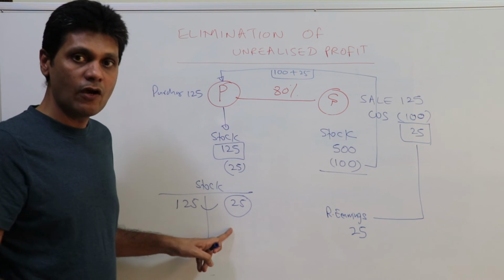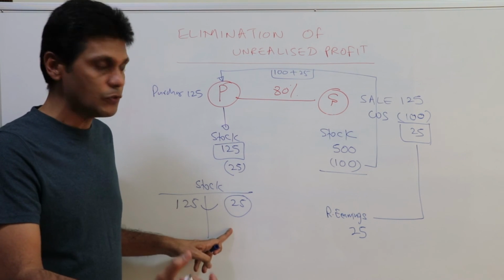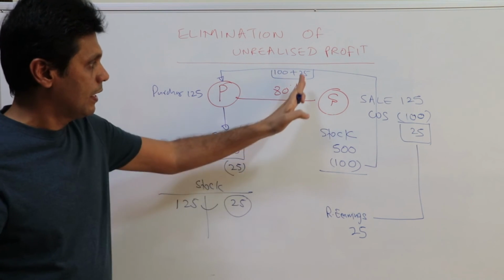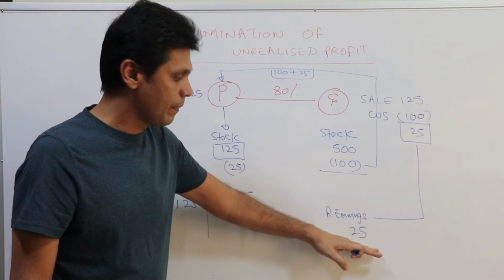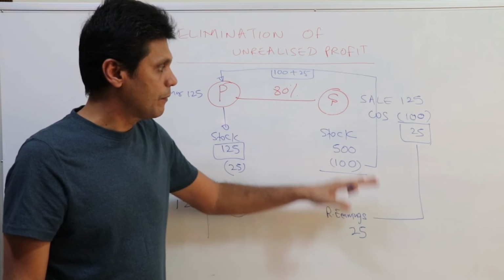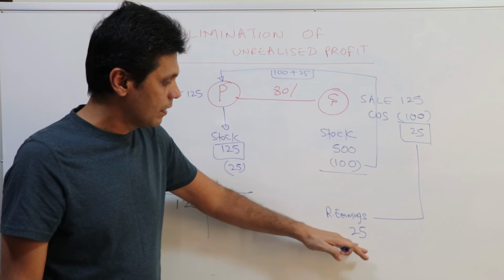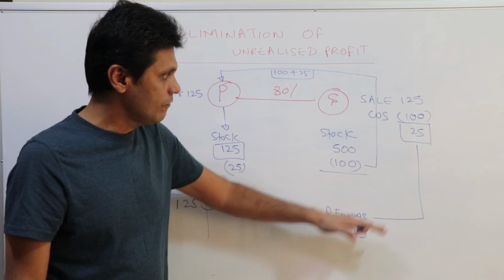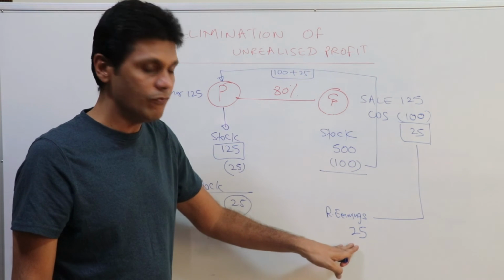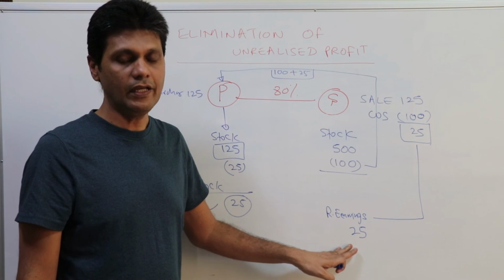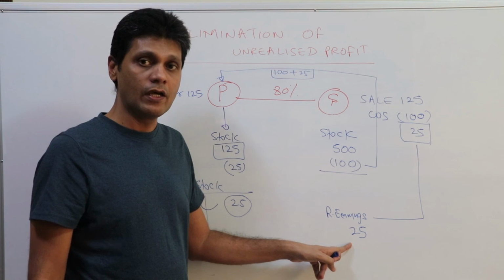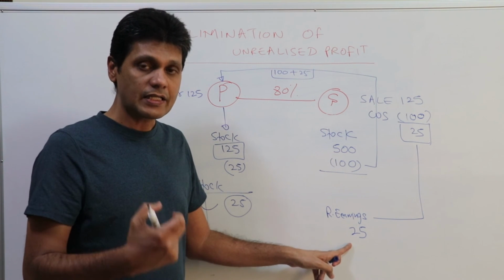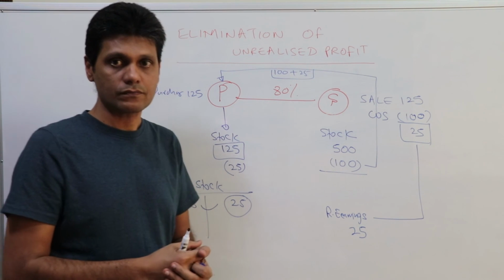So when you credit, where do you debit? The debit entry has to be made to the subsidiary company's retained earnings, because the retained earnings consist of the unrealized profit of 25. So we need to remove the unrealized profit of 25. But in this case, can we adjust the total amount?